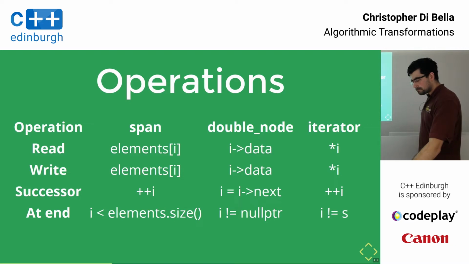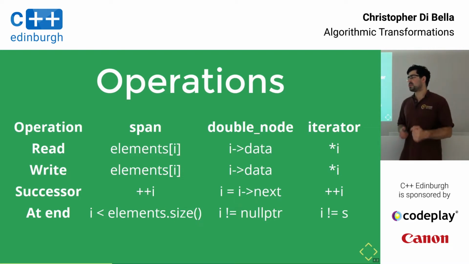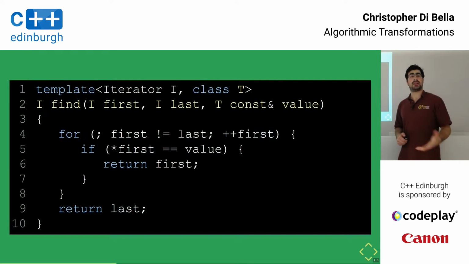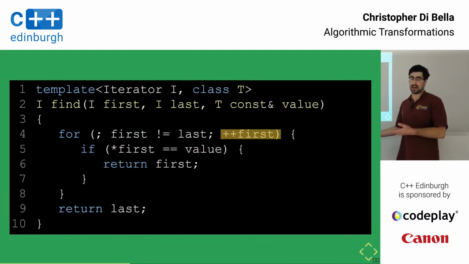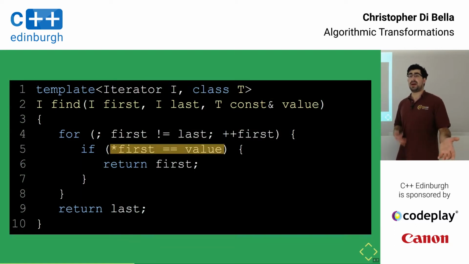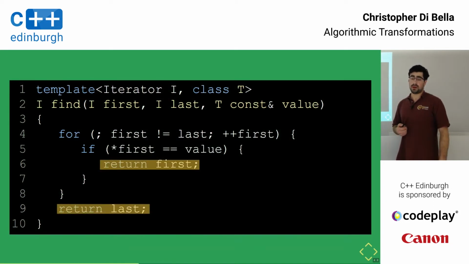All right. So with this, we can change find to look like this, which is largely the same as before. We have a return type that is now uniform with the interface, and then we perform a check. We have a successor. We have a check to see if it's the value we're looking for, and then we return something in either case.